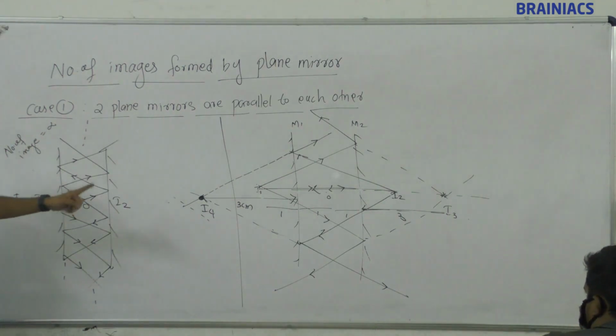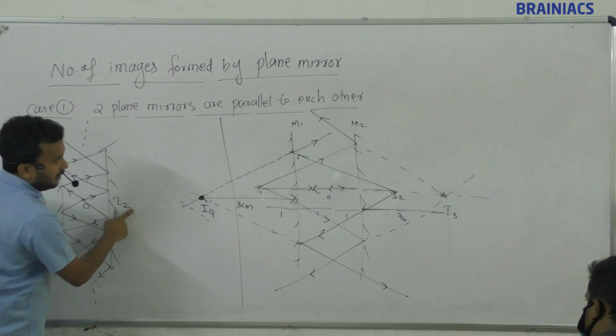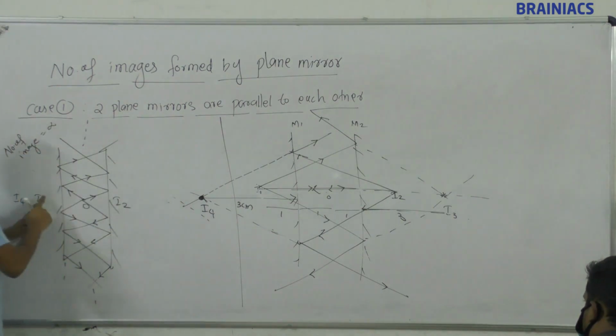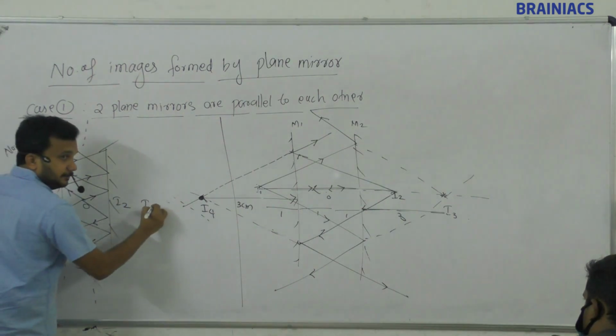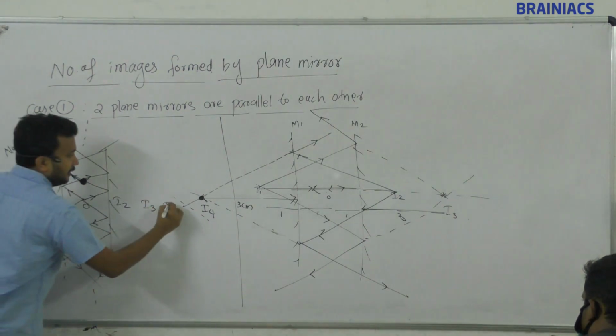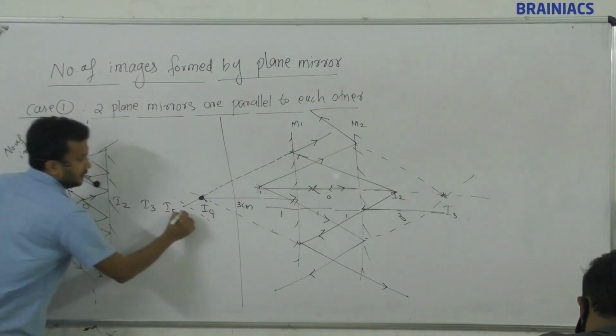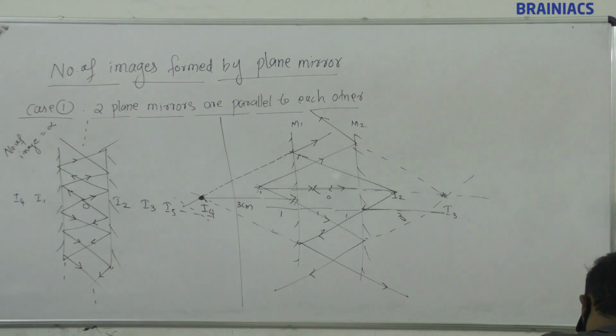Okay, then what is formed on the other side? I1, I2 will be there. I1 is forming I3, I2 is forming I4, I4 will form I5, I5 will form I6 and so on, on this side and on this side. So it will continue because of this multiple reflection.